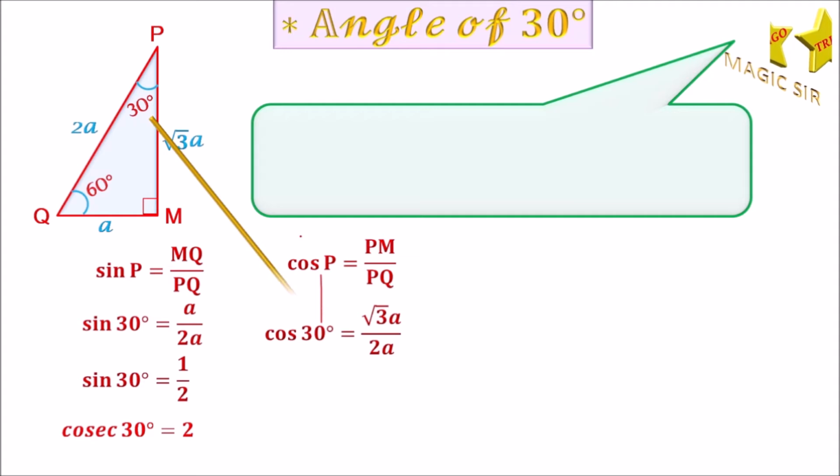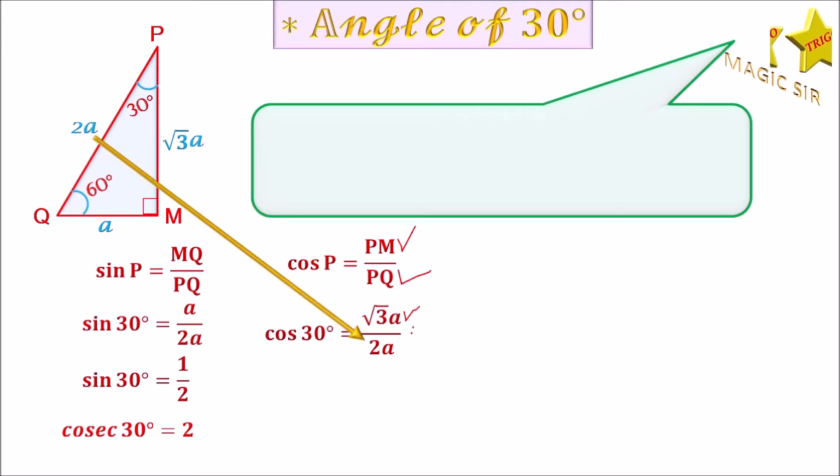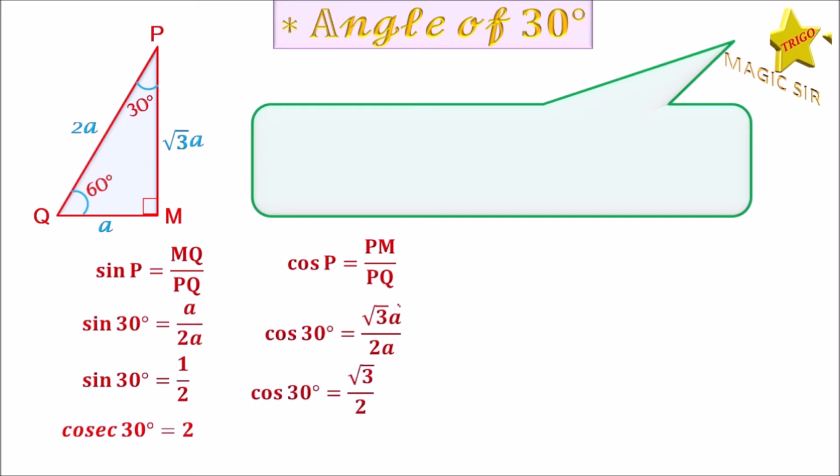See the animation, P equal to 30 degree. We have PM equal to root 3A, so we put PM equal to root 3A and hypotenuse PQ equal to twice A. So we put PQ equal to twice A. So cos 30 is equal to root 3A upon twice A. By simplifying, we get cos 30 is equal to root 3 by 2.